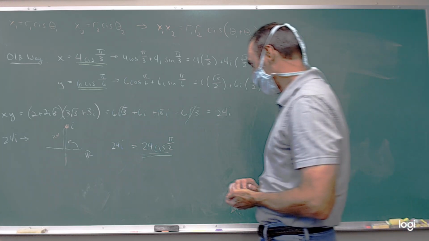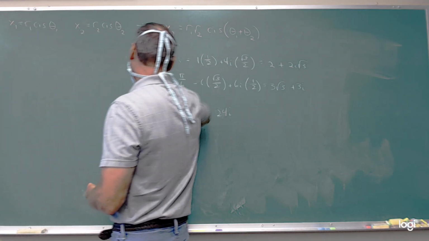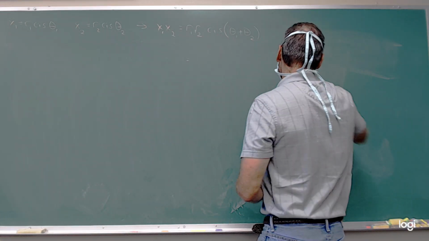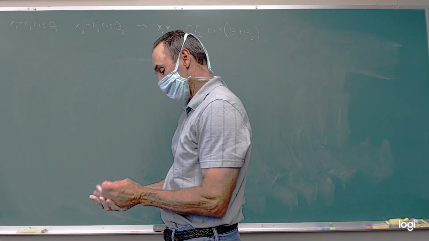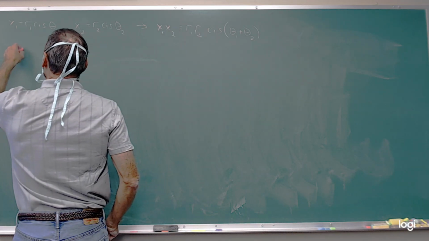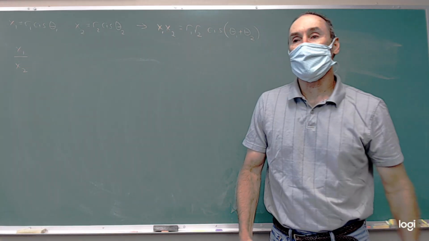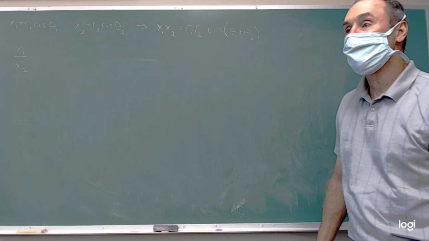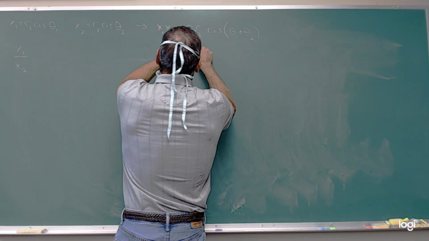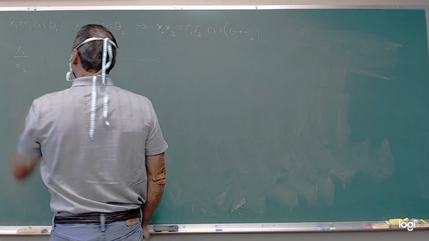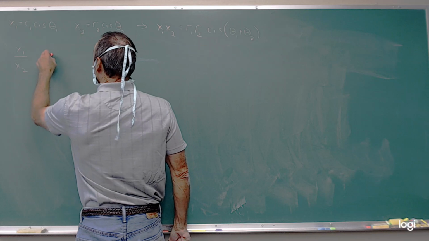Okay, now since we're doing all this without proof anyway, let's roll with it. What would you guess, if you had to guess, about how we might divide two complex numbers in polar form? Well, when we multiply them, we multiply their R values. When we divide them, we're going to divide their R values.